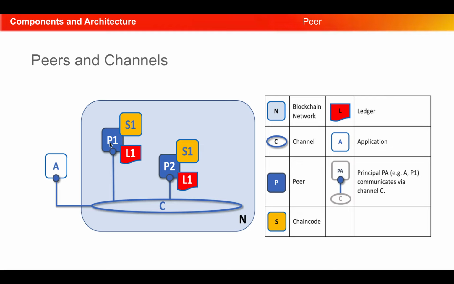Each peer, P1 and P2, has the smart contract S1 installed on it and has its own ledger, which is ledger 1, L1 over here. So this is the simplest form of the network. As we move forward in this section, we are going to complicate the network, and in the end you will get to know how all these components work together.